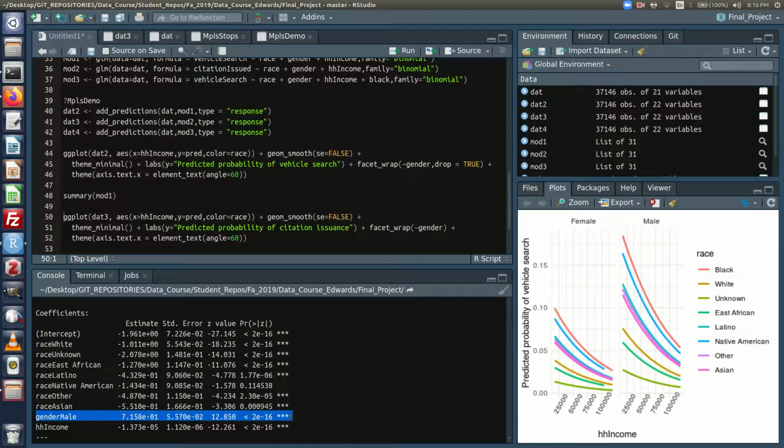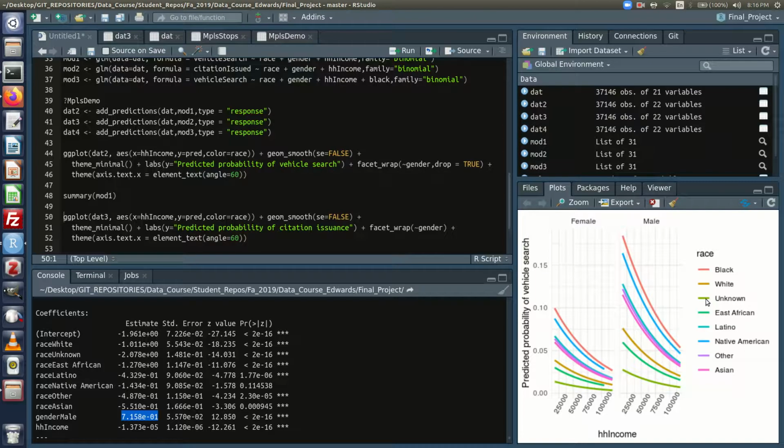It's significant between males and females. And look at that. The estimate has a positive sign on it, not negative. So we look at our chart, and sure enough, you are much more likely to have your vehicle searched if the driver is male than female for all the races. And interestingly, the races fall in the same order on both of these. So that's how we are interpreting this.